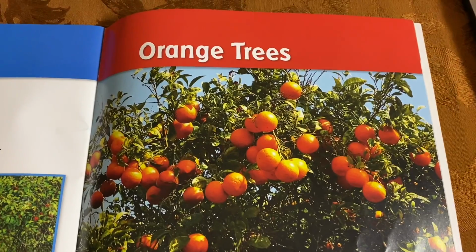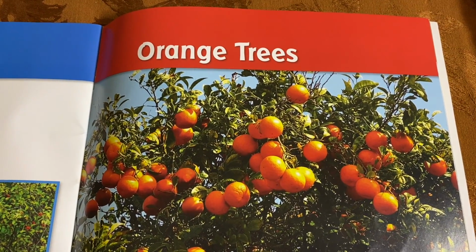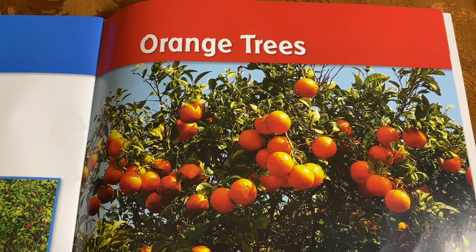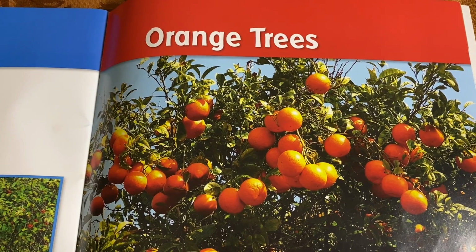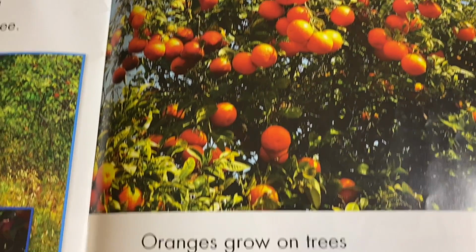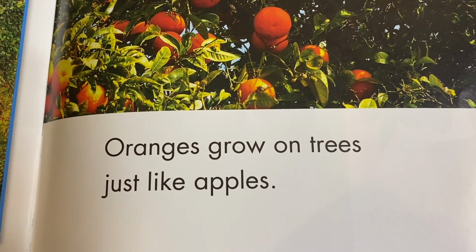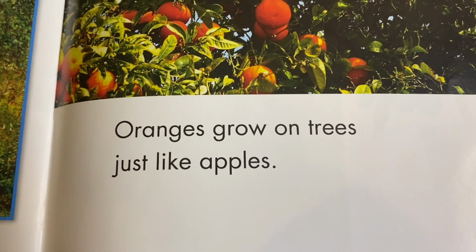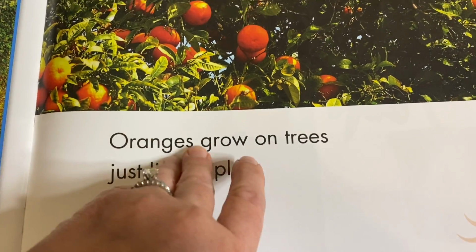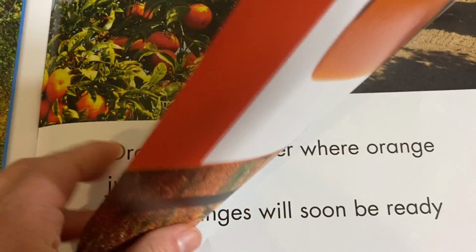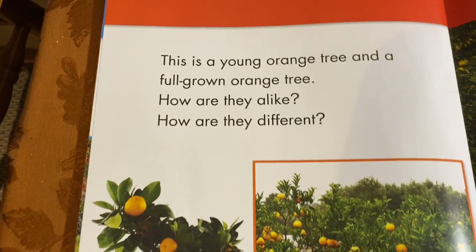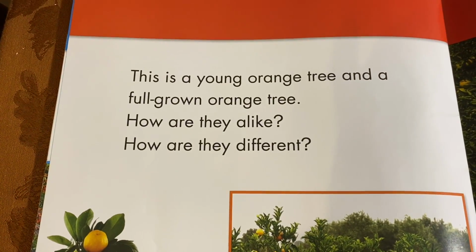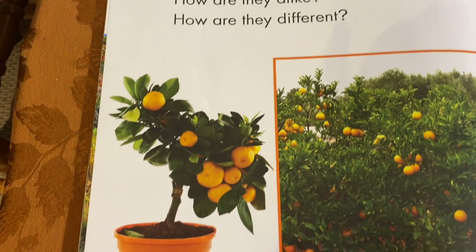We're going to read about some trees that are not evergreen trees. This is the part of the book called Orange Trees. Let's read. Oranges grow on trees just like apples. This is a young orange tree and a full-grown orange tree.